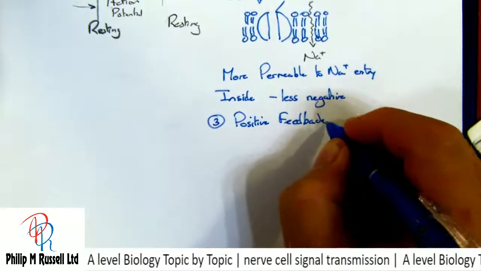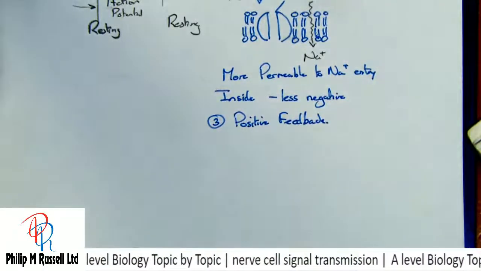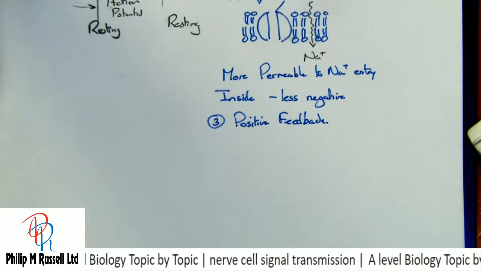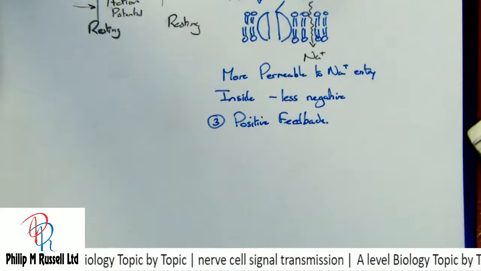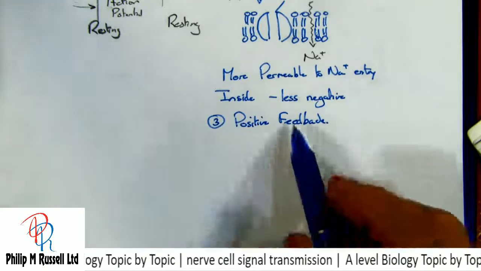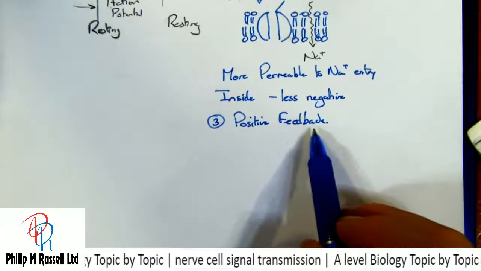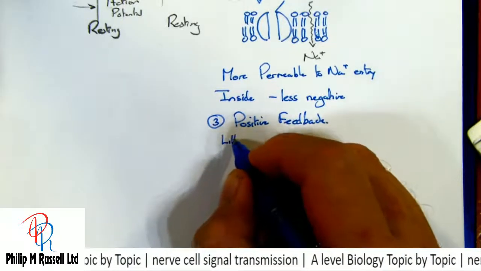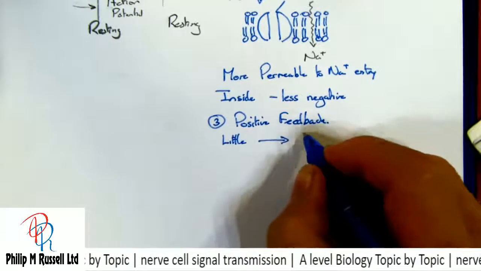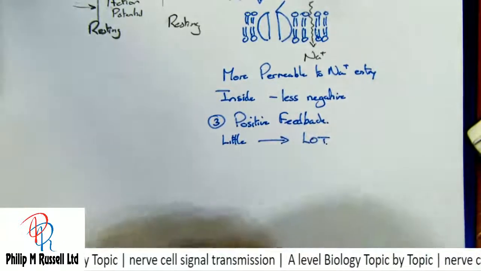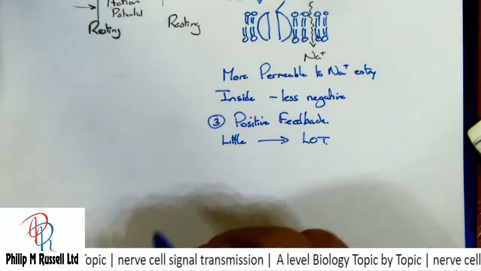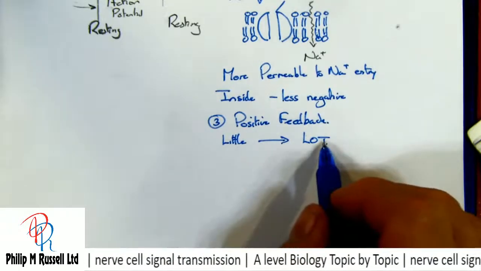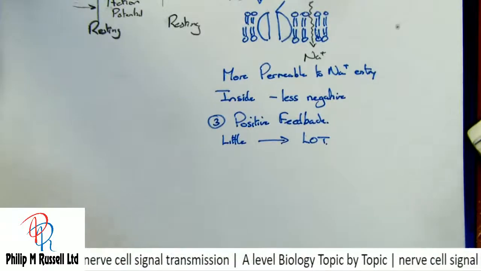Positive feedback loops are not common in the body, and we see most of these in nerves. This is the main use of positive feedback, and this simply means that a little change is going to suddenly give way to a lot of change. So a little bit starts and then suddenly an awful lot.